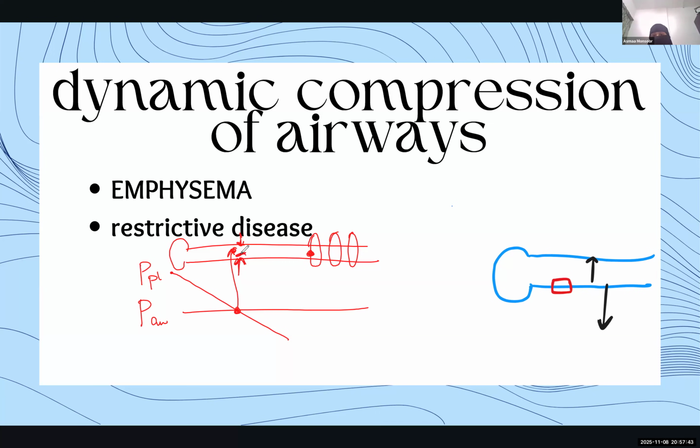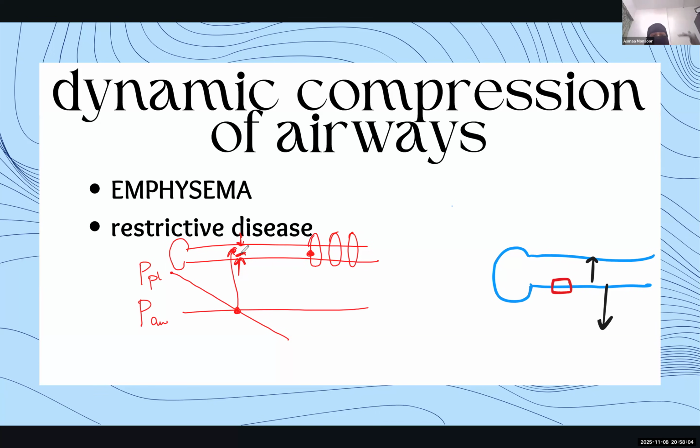This is called dynamic compression of airways, and this is a problem that happens. Did you get what happens to the equal pressure point in restrictive diseases? In restrictive diseases, the lung is not able to expand and generate enough pleural pressure.